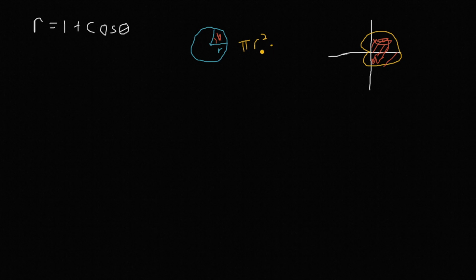Now, if we wanted to find the area of a certain part of it, we know that this area is going to be a fraction of the entire area. And so we can imagine going around this circumference here 2 pi times, because you go around a circle 2 pi, that is the circumference.